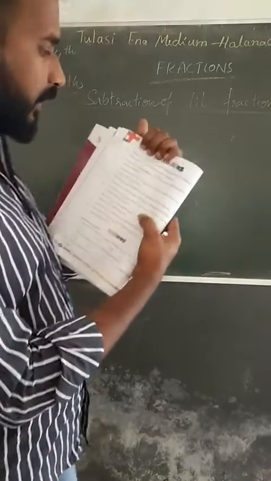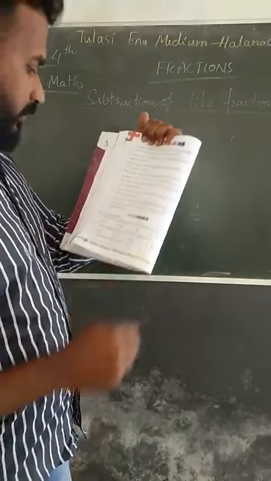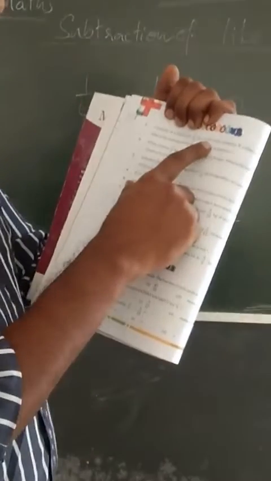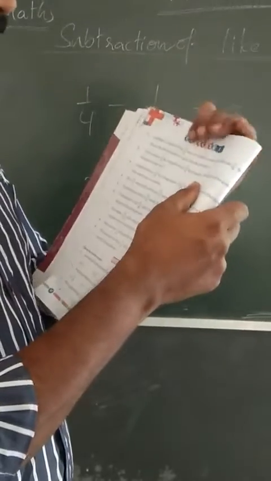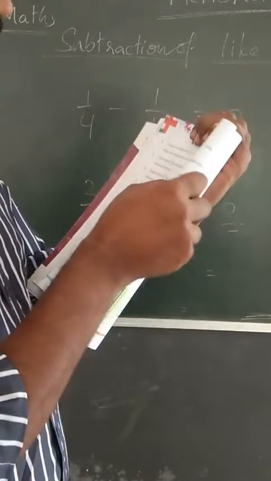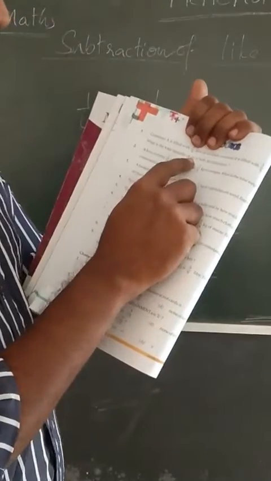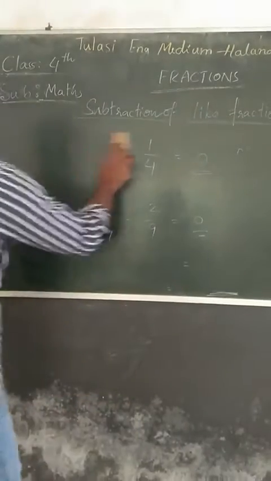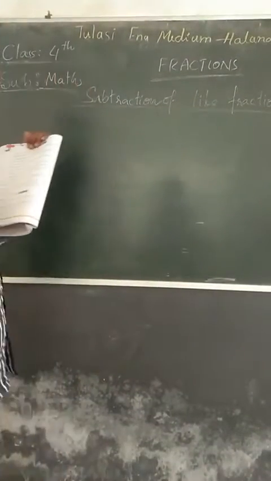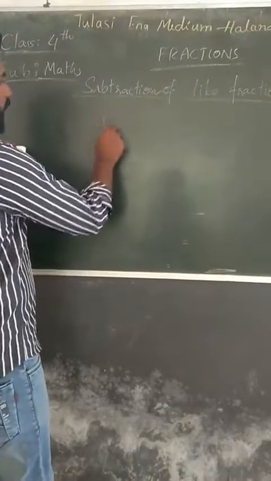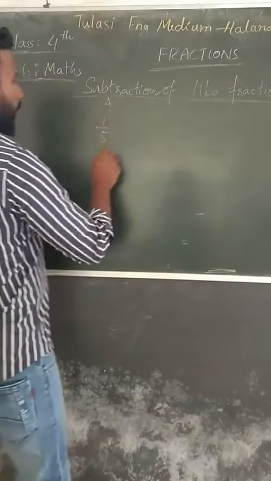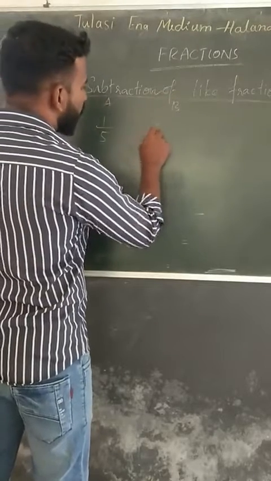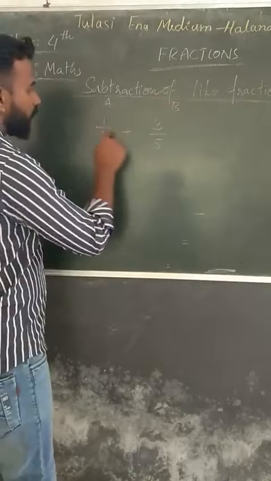Exercise I. A container A is filled with 1/5 liter of oil, and container B is filled with 3/5 liter. What is the total quantity of oil in both the containers? You have to add 1 by 5 in container A and 3 by 5 in container B. So 1/5 plus 3/5.